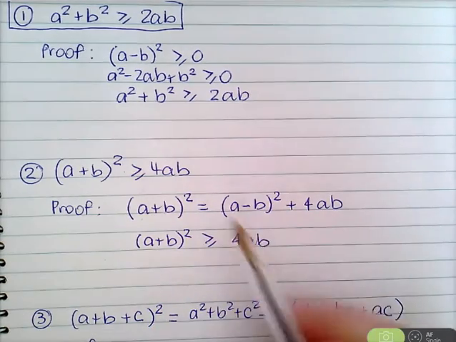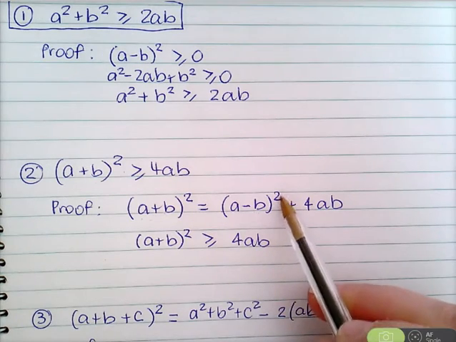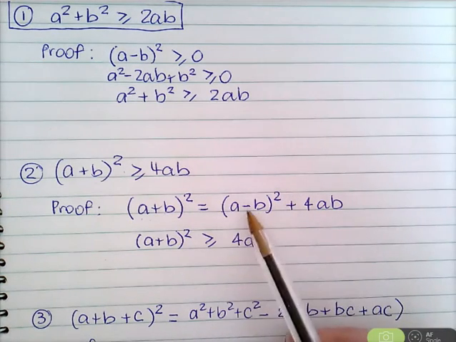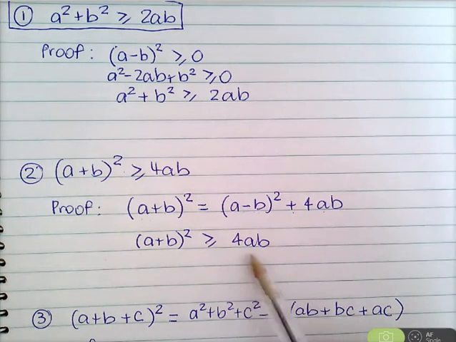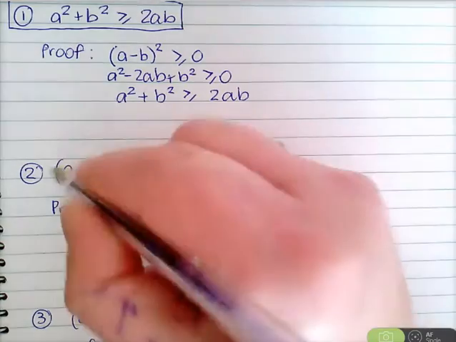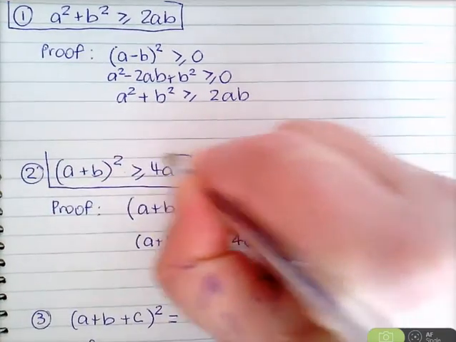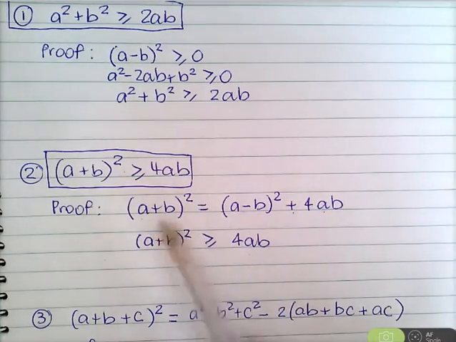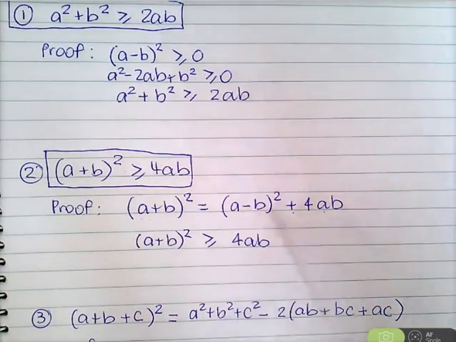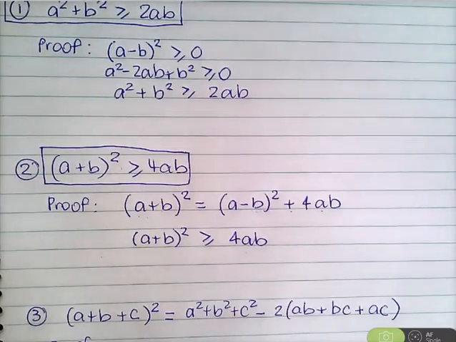This is because a minus b squared is a positive number, so it will be bigger than or equal to 0. Therefore, anything bigger than or equal to 0 plus 4ab must be greater than or equal to 4ab. So that is the second useful relationship that you need to know, and it's proved using the difference of two squares.